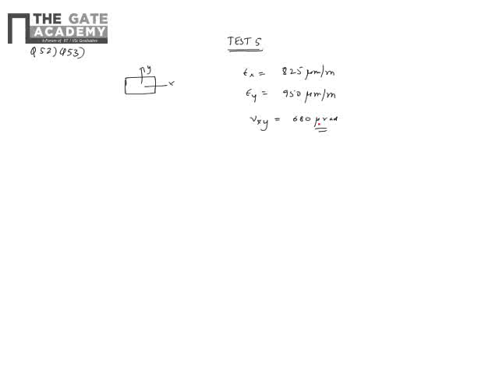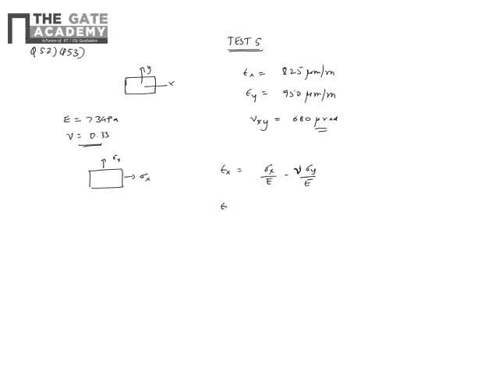Now, what is asked: Young's modulus is given as 73 GPa and Poisson's ratio is given as 0.33. So the stresses are asked. If you remember the modified Hooke's law, epsilon x is sigma x by E minus nu sigma y by E, because of sigma y there will be a decrease in the strain, and that is because of the Poisson effect.